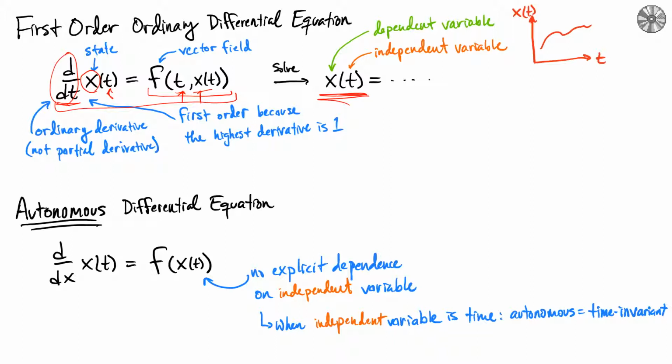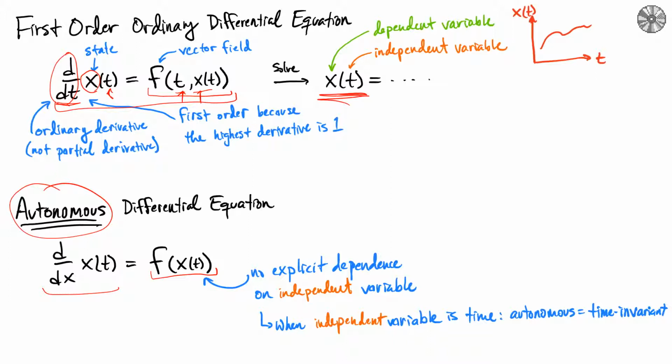Now we're going to reduce this set. In general, dynamics could be written like this, but we're going to make this more specific. The first thing we can talk about is making it autonomous. Autonomous simply means that the function that describes the derivative of the state does not have any explicit dependence on t.